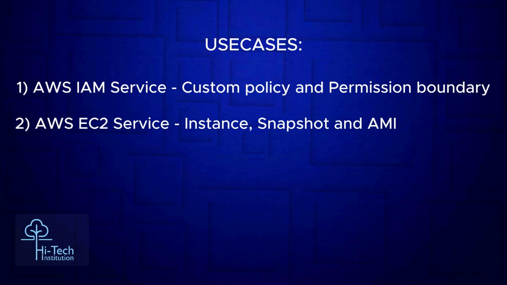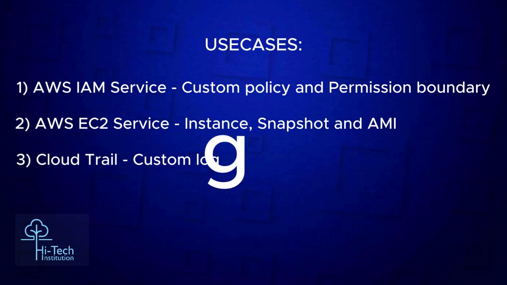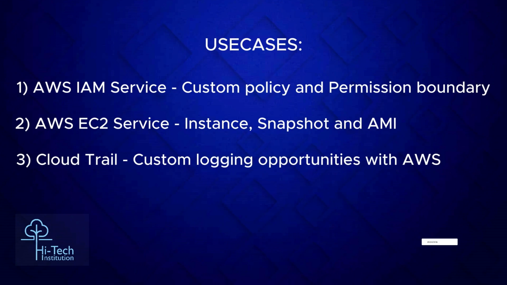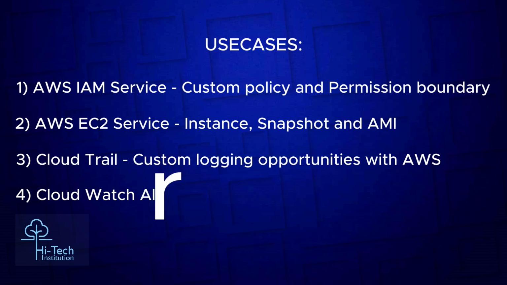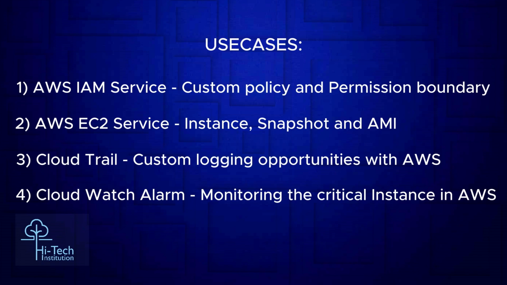Use case number 3: how CloudTrail logs are stored and what the industry standard for CloudTrail is. And last but not least, use case number 4: how critical servers are handled in a real project when there is an outage, and how the notifications are processed. These 4 use cases I'm going to cover predominantly, guys.